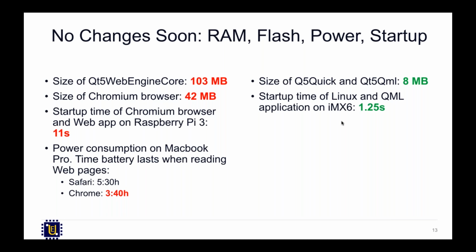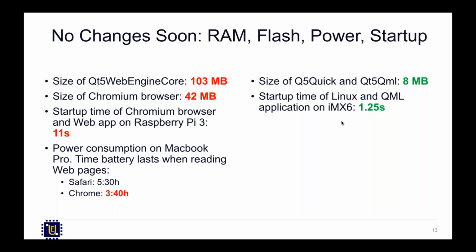The Qt 5 web engine core comes in with a whopping 103 megabytes. As a comparison, the two libraries you need for QML come in at a pretty meager and tiny 8 megabytes.